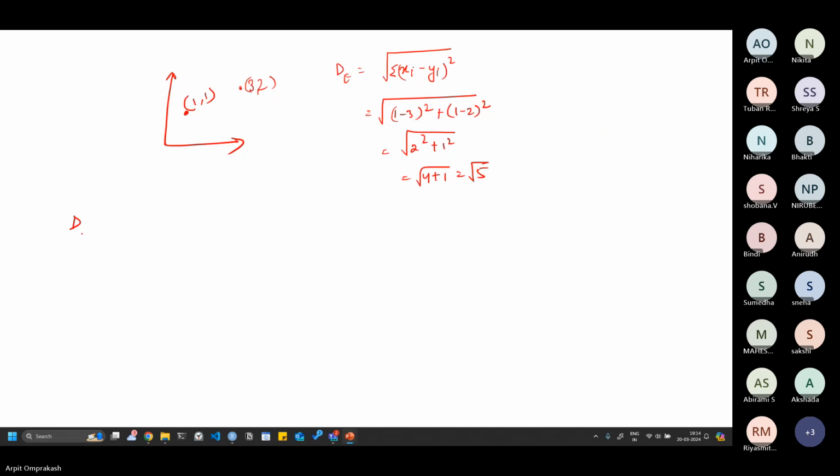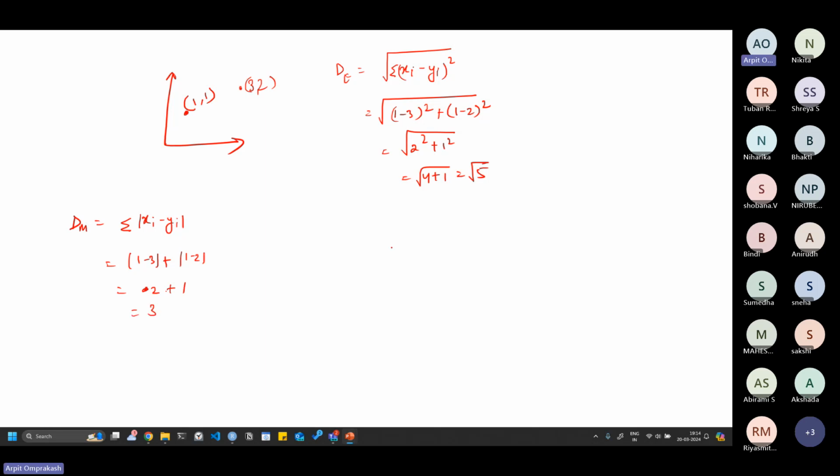It's basically the sum of the absolute differences of xi minus yi, which is 1 minus 3 mod plus 1 minus 2 mod, so 2 plus 1, basically 3.